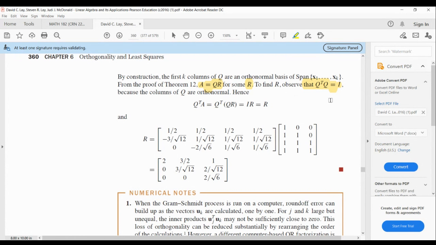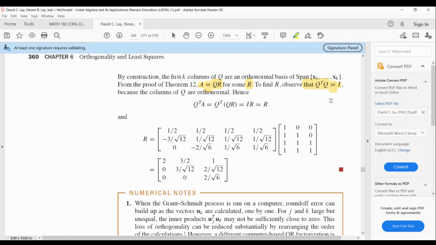Q is m by n. If you do Q transpose times Q, that's an n by m matrix times an m by n matrix, so you're going to get an identity matrix that's n by n.